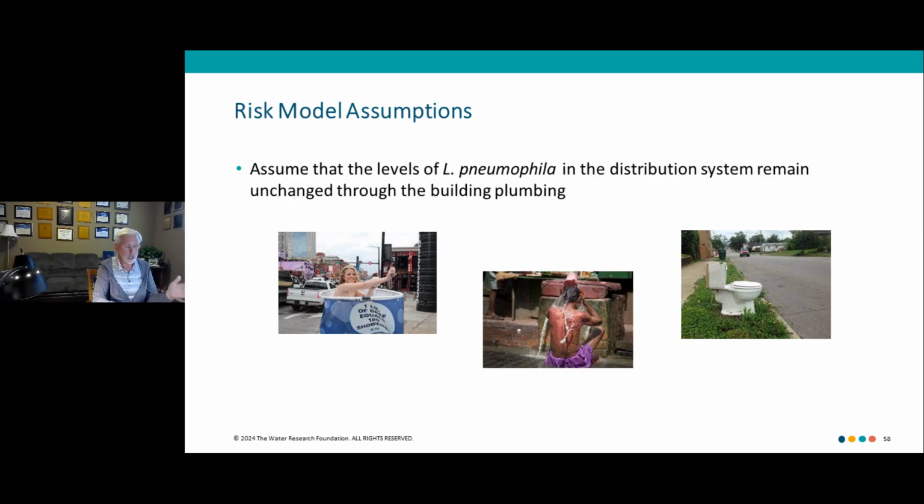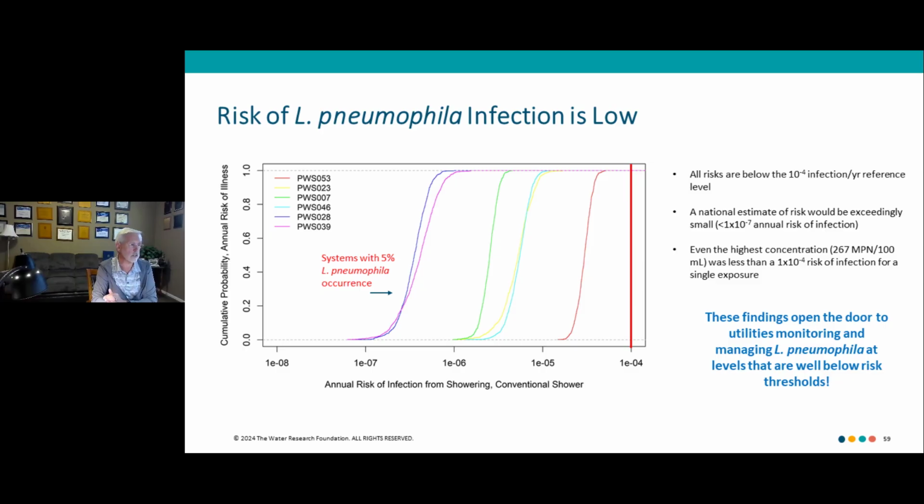So we have to assume that the water quality that we measured in the distribution system remained unchanged until the point of exposure when we do these kinds of risk calculations. The data we show here are for the 6 utilities that had the most Legionella occurrence.